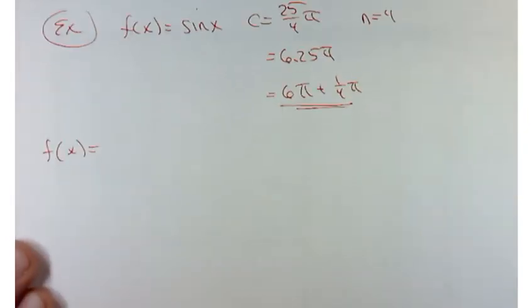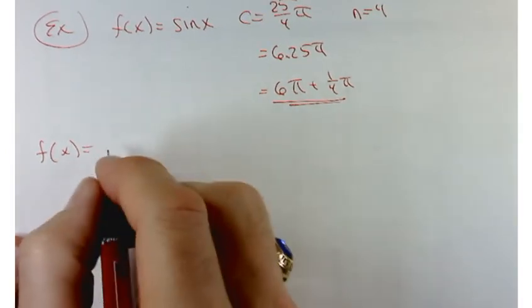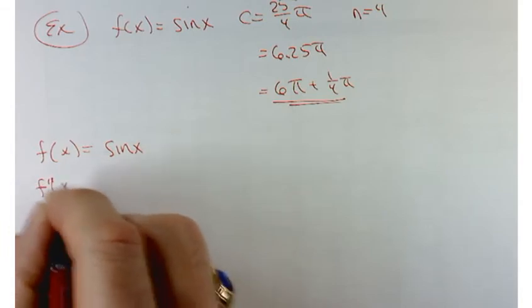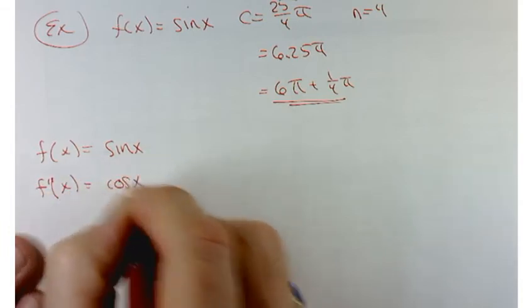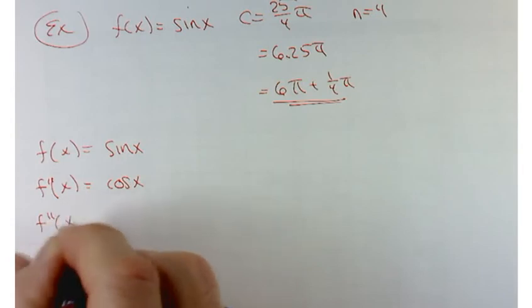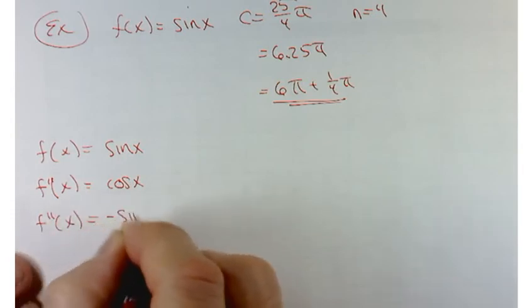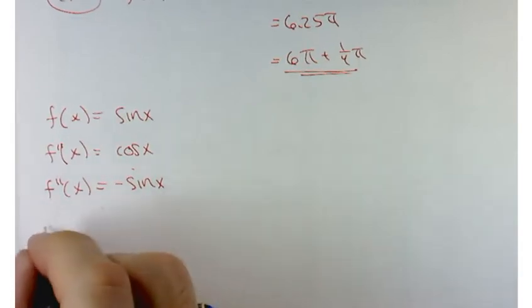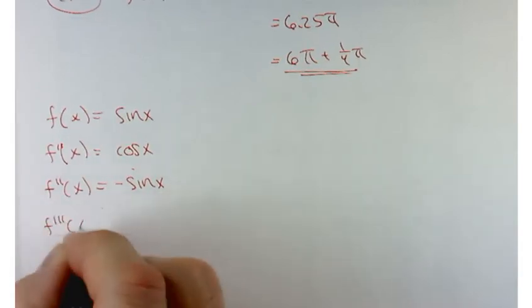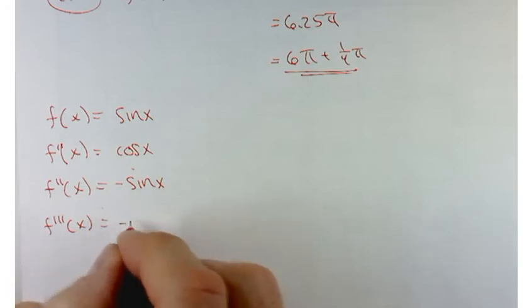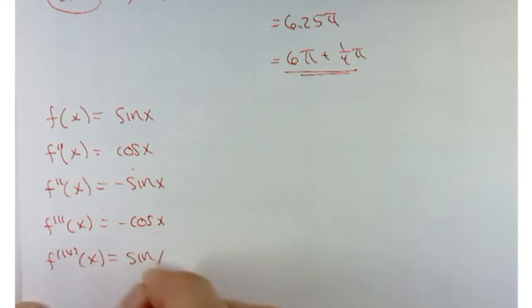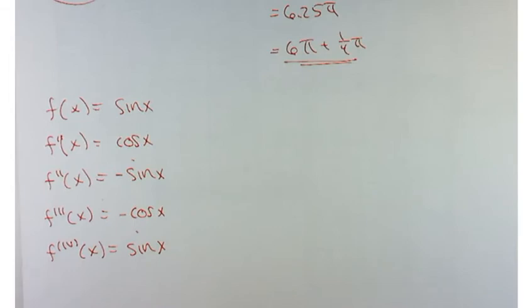We need to start some derivative work again. f of x is a sine of x. I'm hoping that the derivatives here are pretty simple. We got to go down to the 4th derivative. And we get back to sine of x.